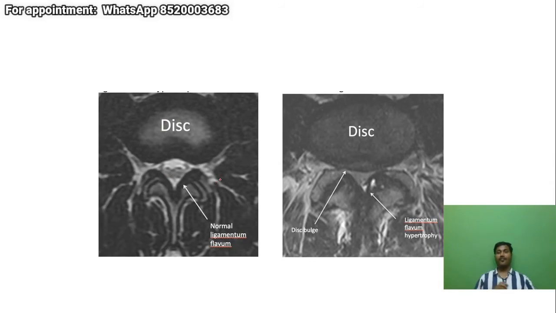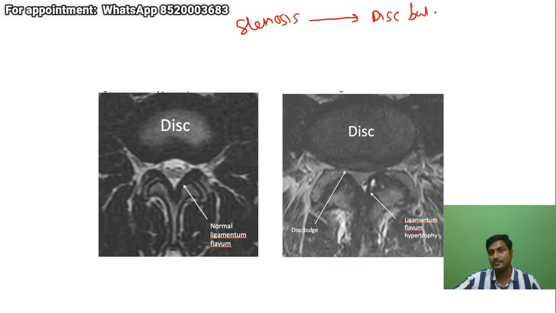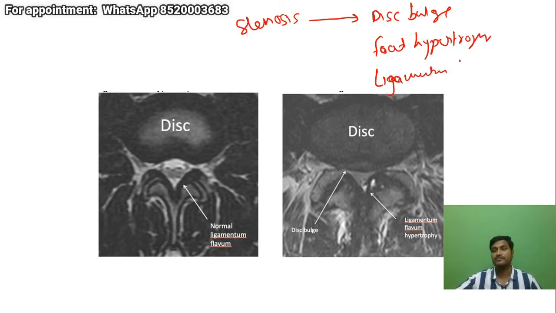See, what I want to show is, in this picture I am speaking about stenosis. Stenosis may be because of disc bulge. It may be because of facet hypertrophy. It may be because of ligamentum flavum hypertrophy.